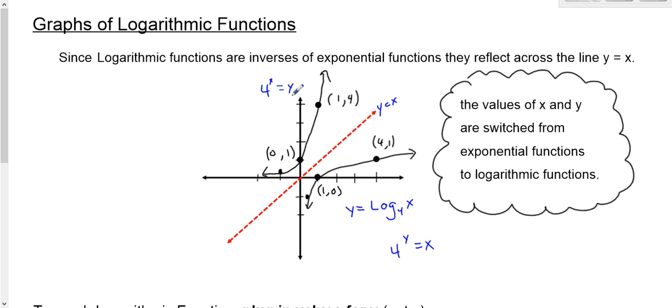So if I had 4 to the x equals y and I had 0, 1, well, log base 4 of x is 1, 0. If I have the point 4, 1 and switch the x and y, I get 1, 4. Okay? The values of the x and y are switched from exponential functions to logarithmic functions.